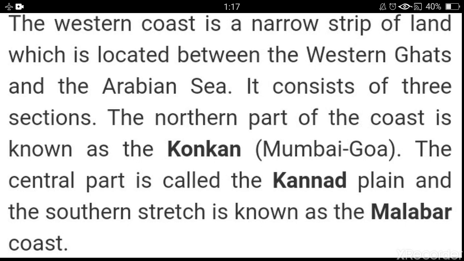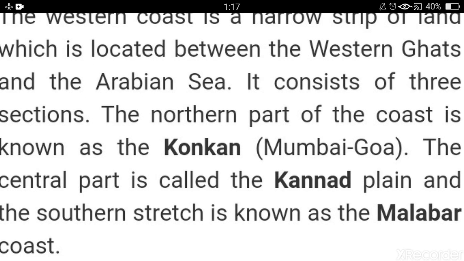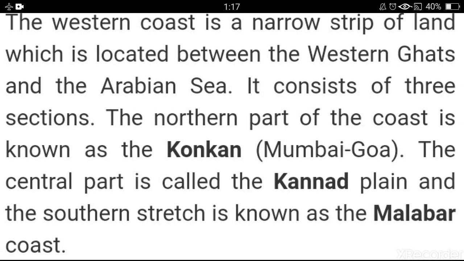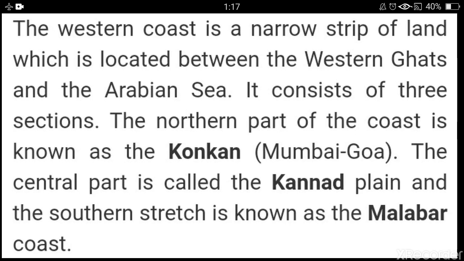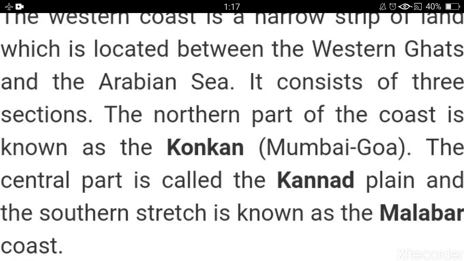The northern part between Mumbai and Goa is known as the Konkan. The central part is called the Kannad, whereas the southern stretch is known as the Malabar coast. So the western coastal plain is divided into three.